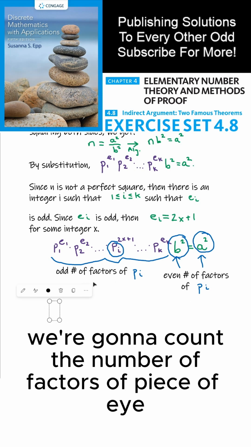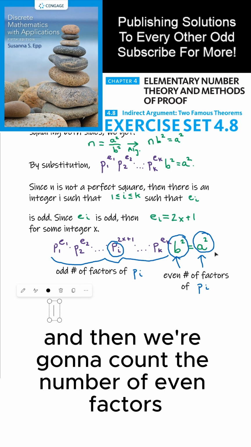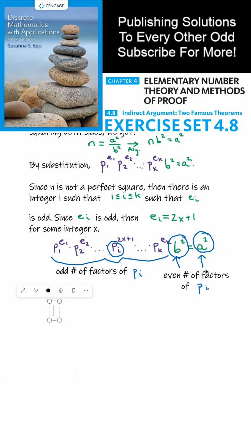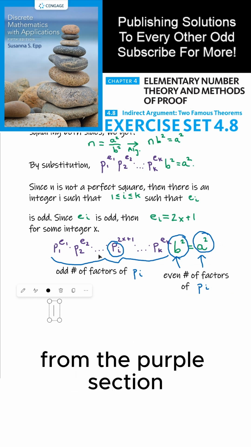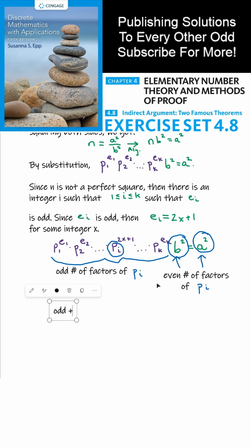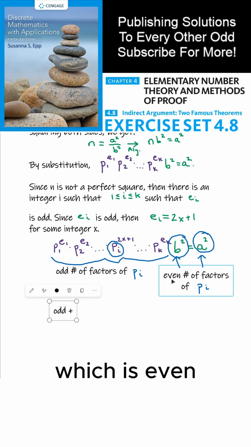So here's what we're going to do. We're going to count the number of factors of p sub i on the left-hand side of this equation, and then we're going to count the number of factors on the right-hand side of the equation and derive a contradiction. From the purple section, we have an odd number of factors of p sub i, and then we add on the number of factors of p sub i from b squared, which is even.